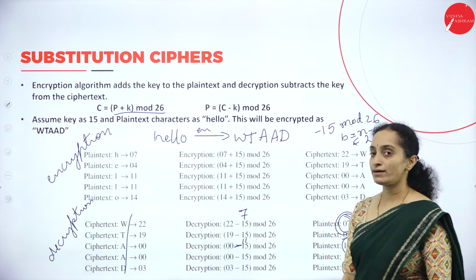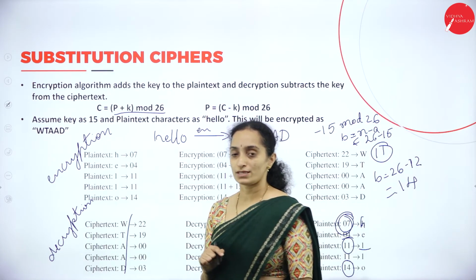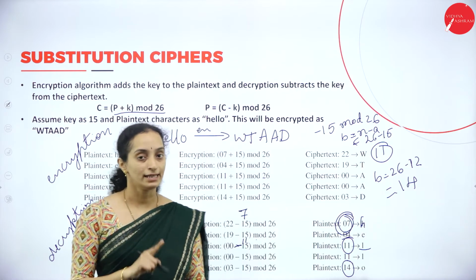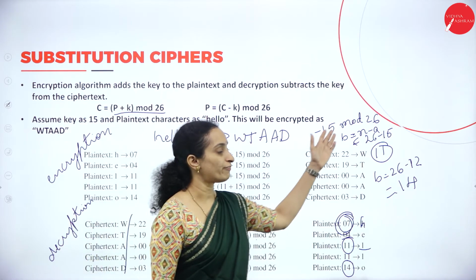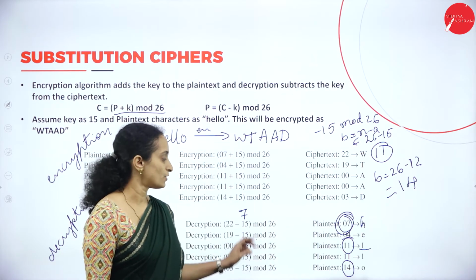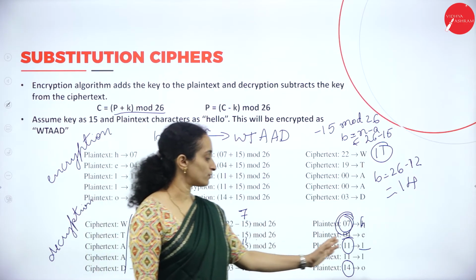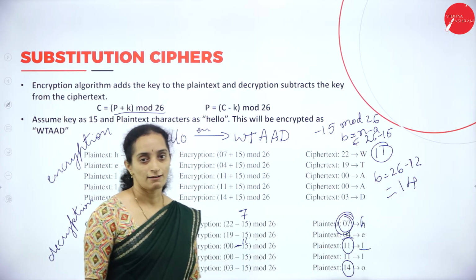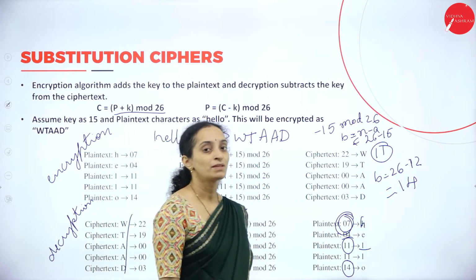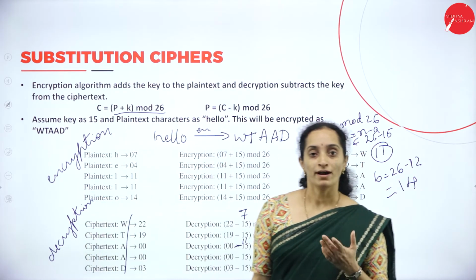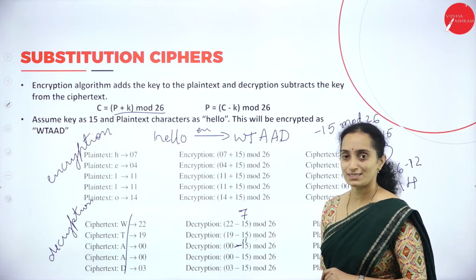Whenever a negative value is generated in the decryption method, you have to find the additive inverse of the number. This will give you the actual alphabet. Fine. Now you know the use of additive inverse, is it not?